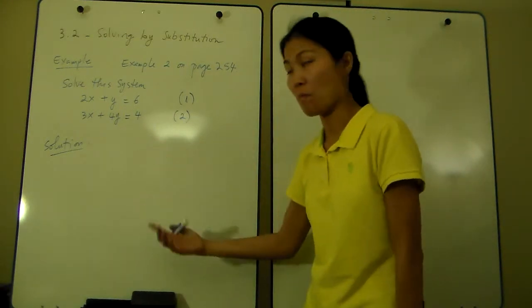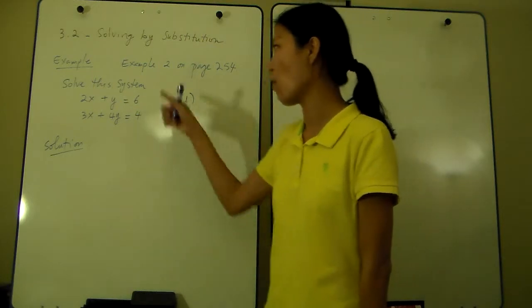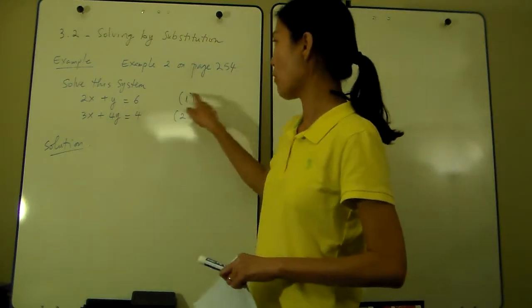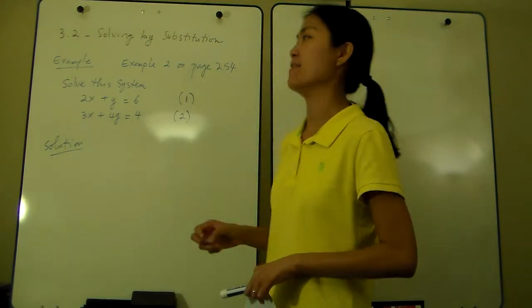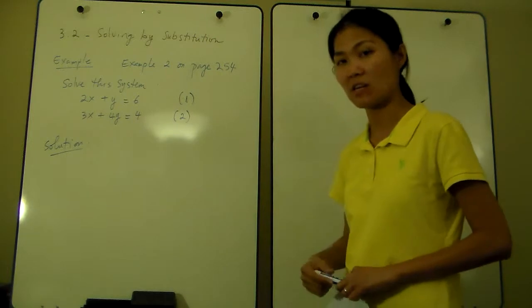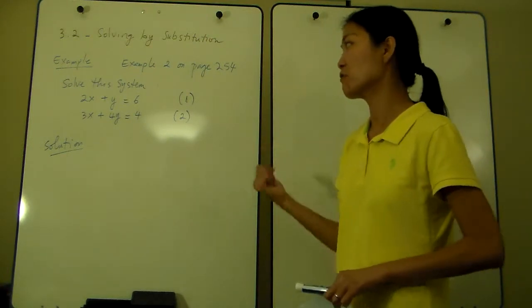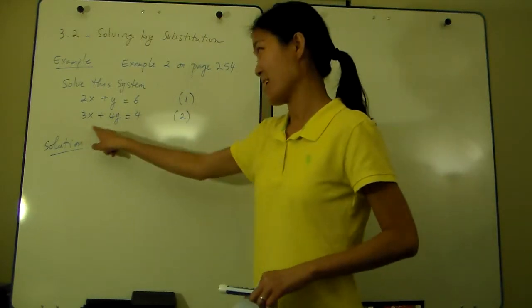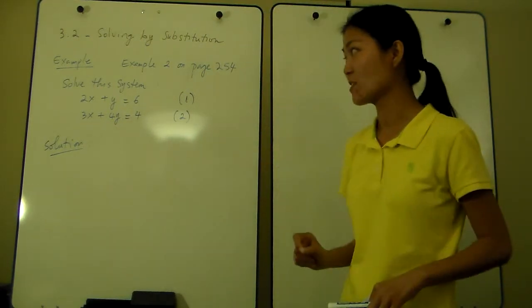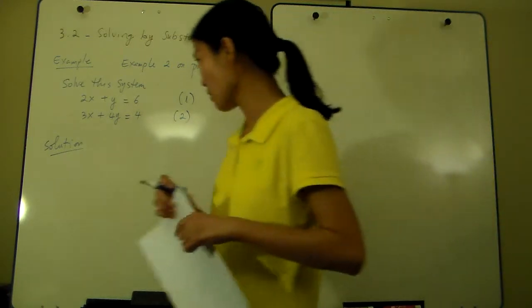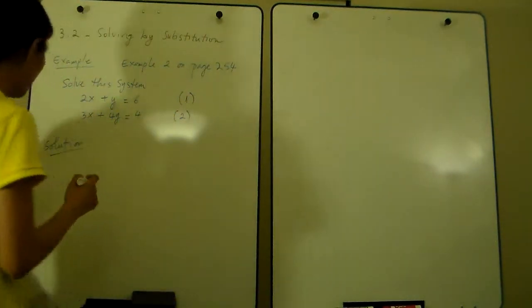You can solve for x too, but for this case, y is already alone. So I'm going to pick equation 1 and solve for y, and then I will substitute whatever y equals into the y in the second equation. I pick the first equation because it's already y alone. The second equation has 3x and 4y. It's not x alone or y alone. So let's pick the first equation.